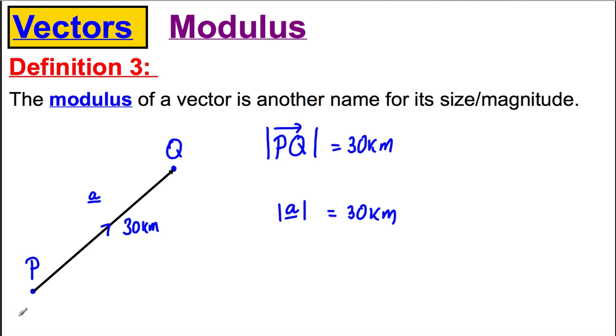Next, equality. When are two vectors equal? Well, say I've got a vector here. Actually, just say I take the same one here.